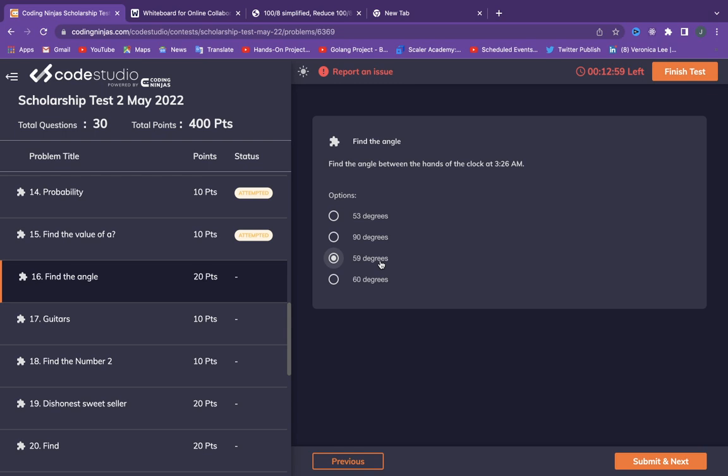And if I calculate for 3, 3 would be ahead by a half, right? Because we are moving towards 30-minute mark. So a little less than half. So I think it's gonna be much lesser than 60. So I'm gonna go with 53 degrees.